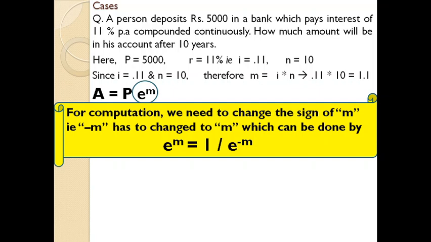In that case, just directly find the value and use it in the computation. But since we have been dealing with the case of e raised to minus m, you need to change its negative property to its positive property, and the positive value is e raised to m equals 1 divided by e raised to minus m.